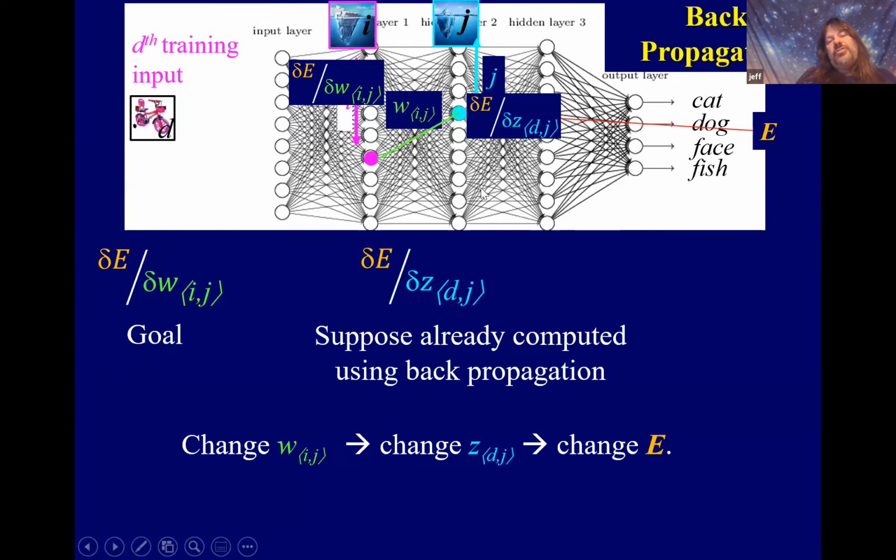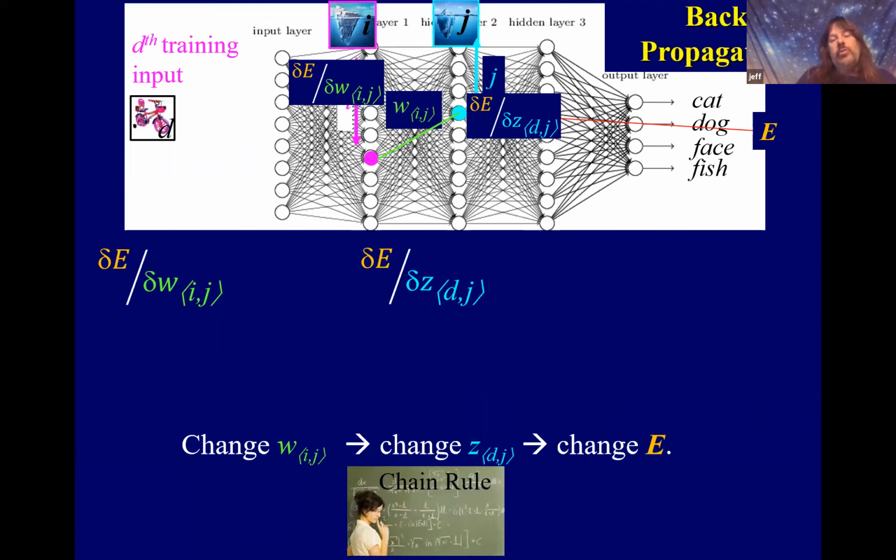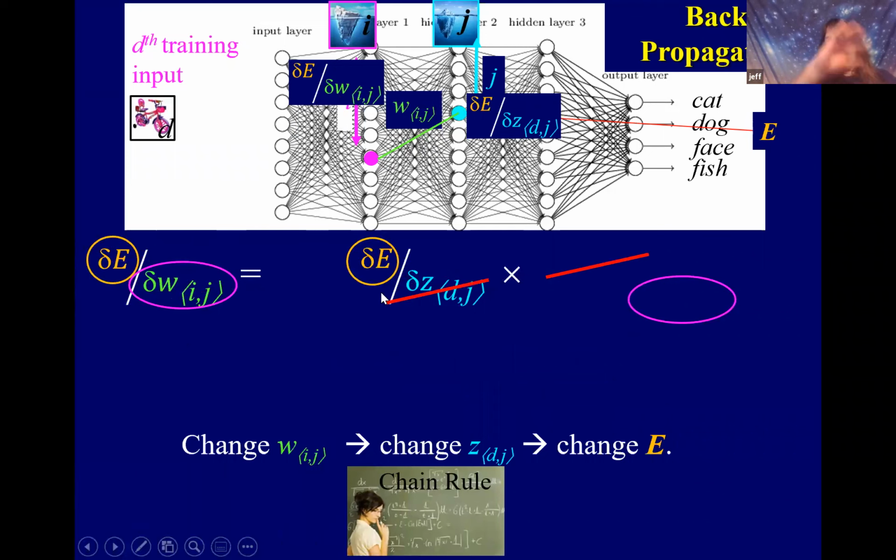Now, this derivative with respect to the Z value, suppose we computed it already somehow, by back propagation. What are we going to do with it? We want to compute this value from that value, and the way you do it is chain rule. That just means you make sure everything balances.